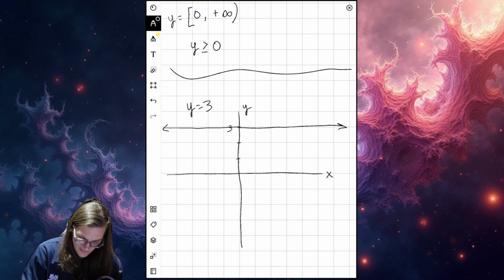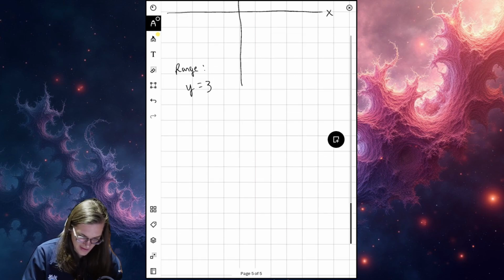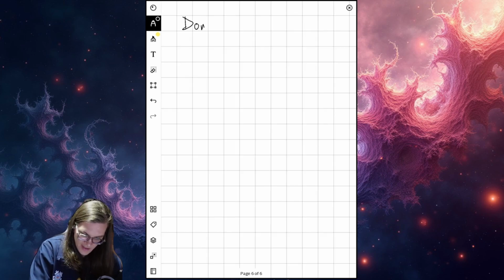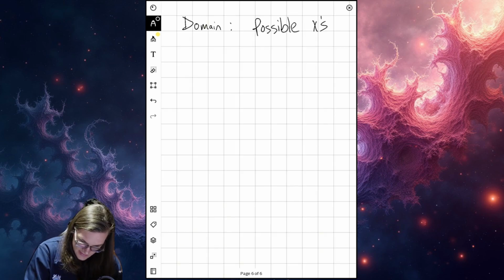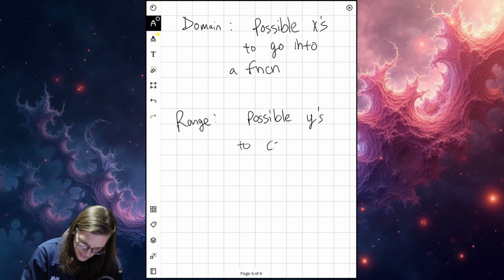And the range is just y equals 3, right? Because you're only ever going to get 3 out. The output is 3 every time you put in any x. So domain, possible x's to go into a function, and range, possible y's to come out of a function.